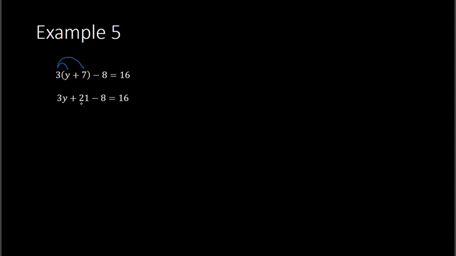So 3y plus 21 minus 8 equals 16. So here, the 21 minus 8, I can combine those, and that gives me 13. So I have 3y plus 13 equals 16. So I've simplified that left side.